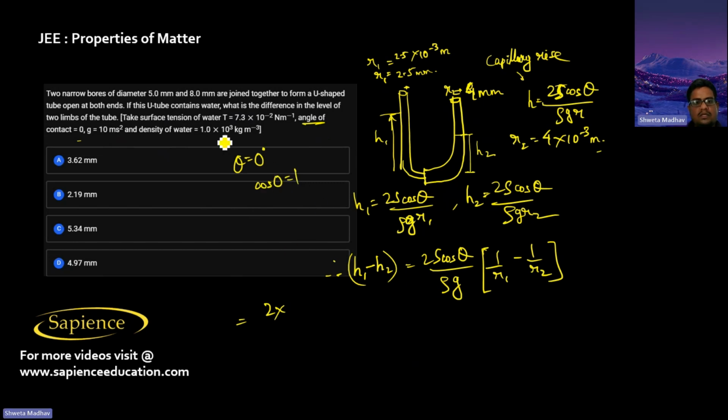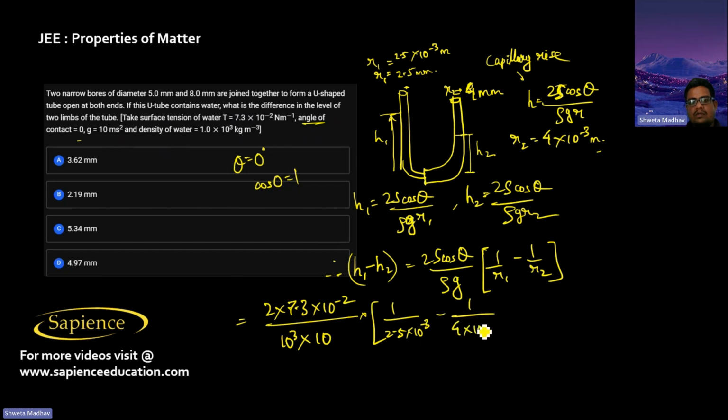And then 2 into S surface tension, that is 7.3 into 10 power minus 2 by rho, the density, that is 10 power 3, into g, that is 10, into 1 by 2.5 into 10 power minus 3, minus 1 by 4 into 10 power minus 3. So this 10 power 3 will come outside.